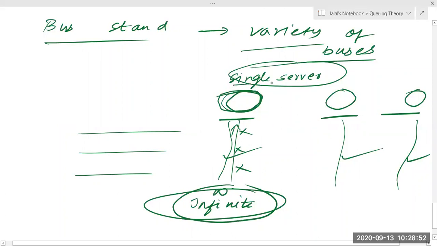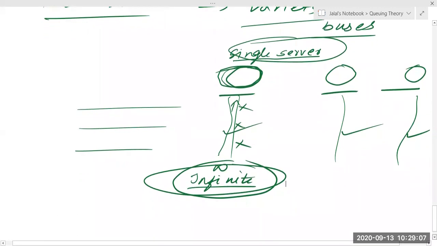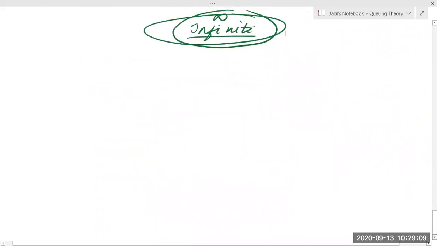You have to call that single server infinite queue length, because the customer will be given service only from the server where he is standing. Even though it might look like multiple servers, in practice it is actually a single server only.